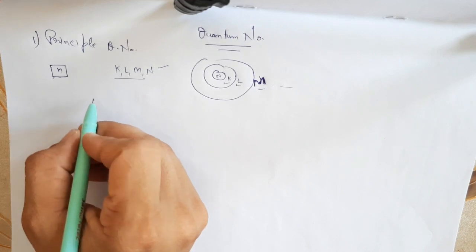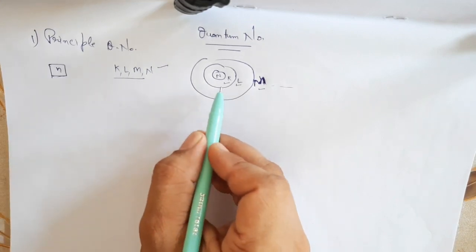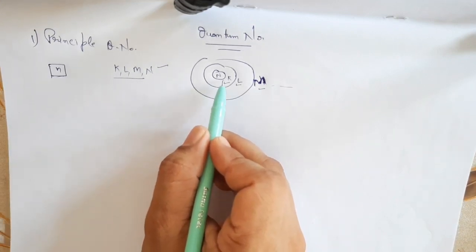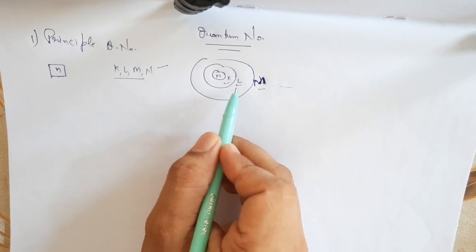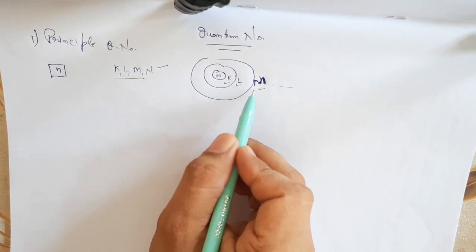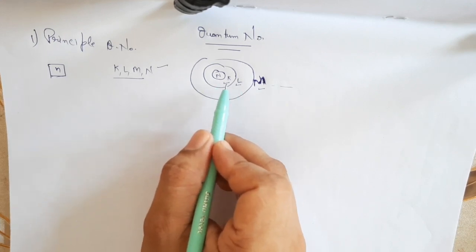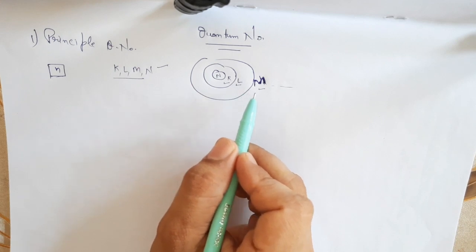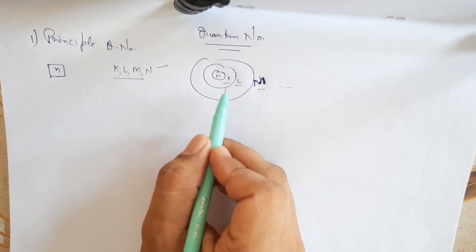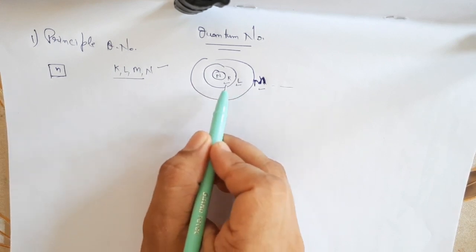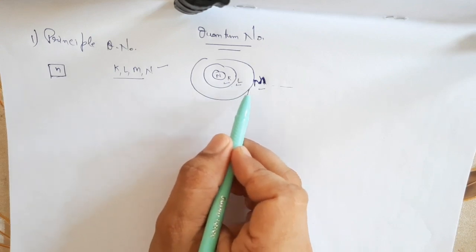So the nearest shell to the nucleus is the K shell, then L, then M. As we move away from the nucleus, the value of the shell keeps increasing, and hence the radius between the shell and the nucleus also increases.